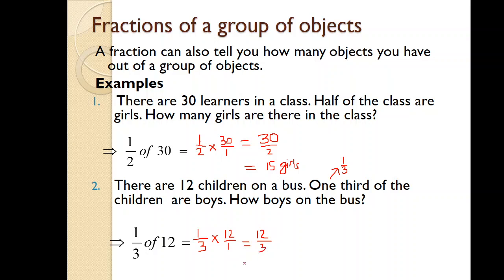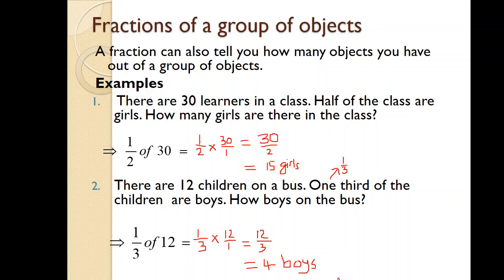Now we have 12 over 3, which is 12 divided by 3. This is equal to 4, sorry. 12 divided by 3 is 4. That means there are 4 boys on that bus.